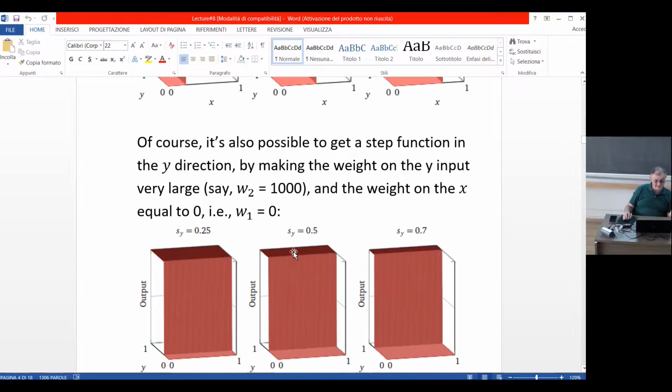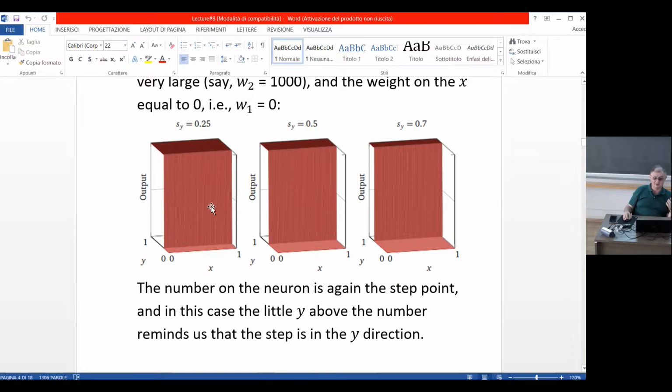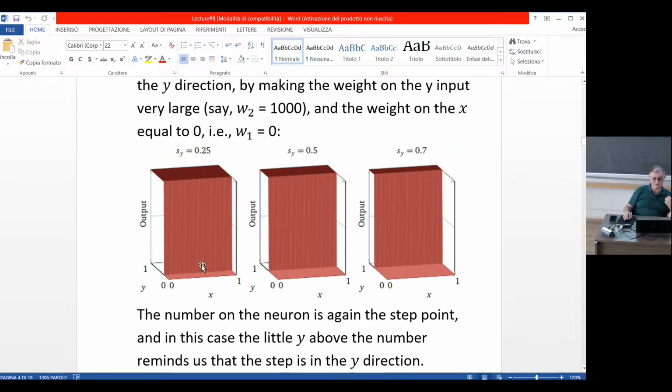The same thing we can organize when we bring the first weight coefficient W1 to 0, and let us now put W2 equal to 1000. So we also have a vertical step function, but with the position depending on y. So y is the coordinate of our vertical step beginning.